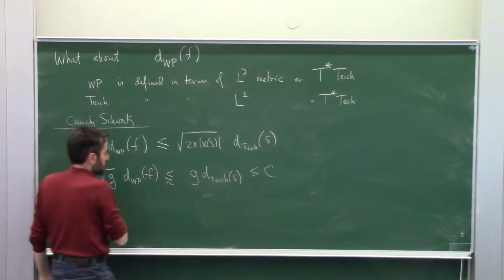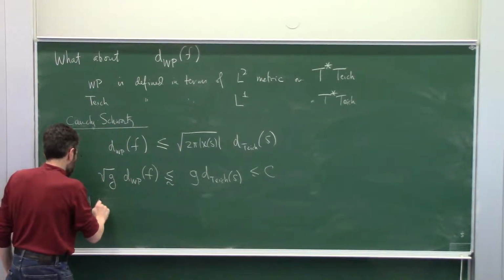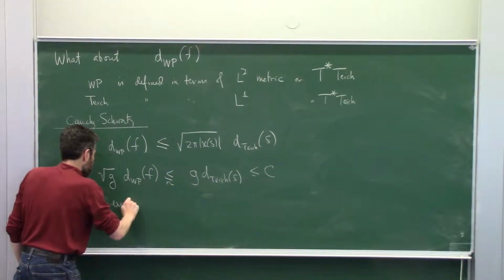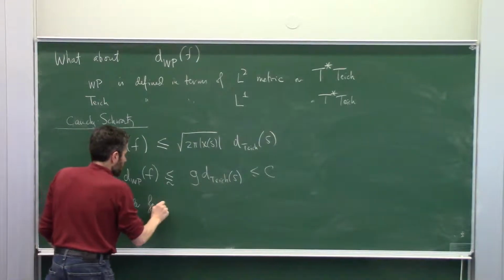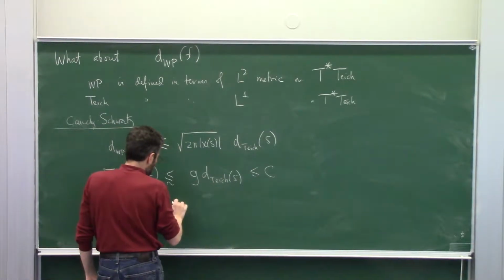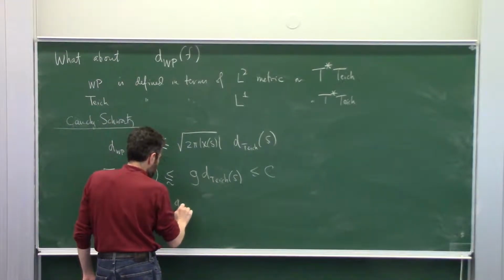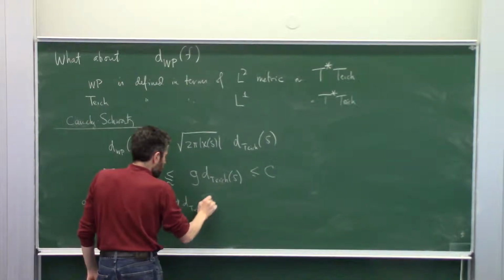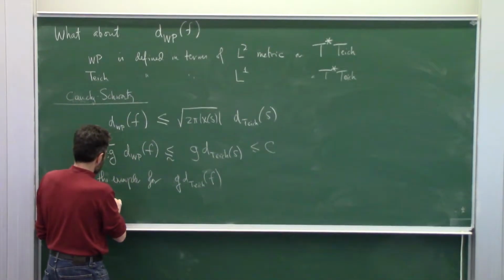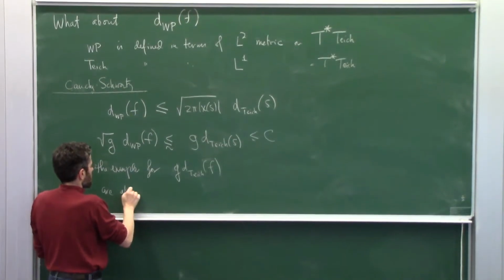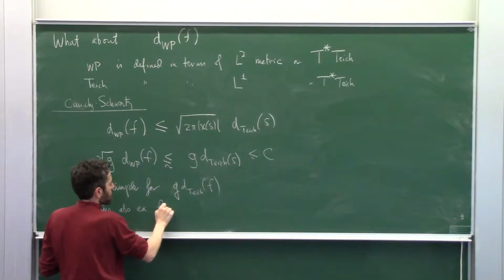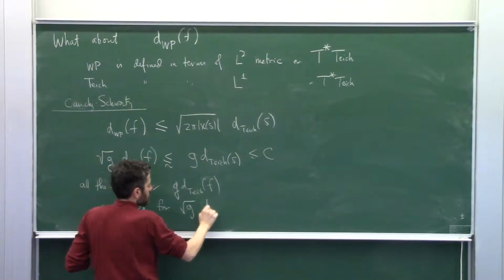So all of the examples for this inequality, for g times d Teich, are also examples for the square root of g times the Weil-Petersson.